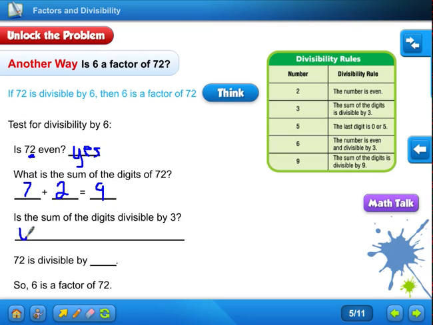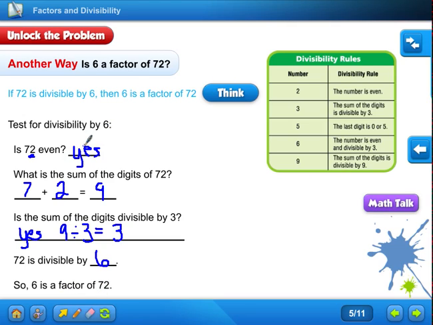Yes, it is, because 9 divided by 3 equals 3. So 72 is divisible by 6. So 6 is a factor of 72.